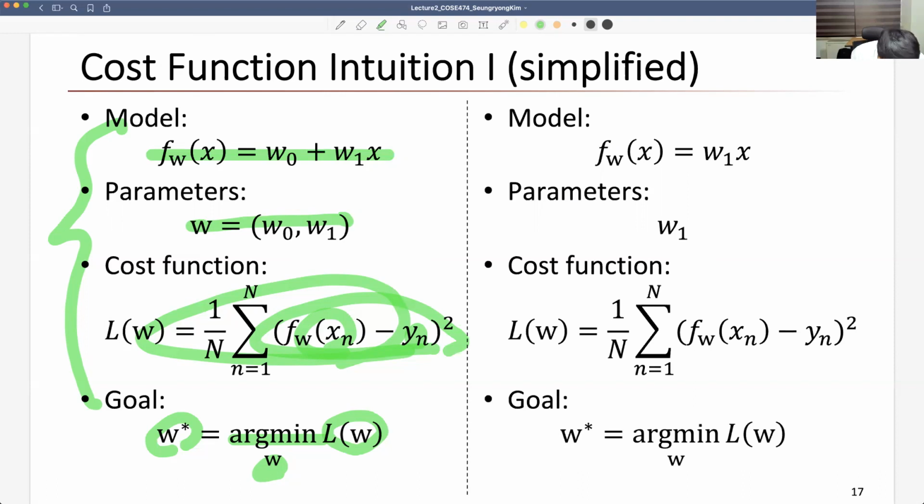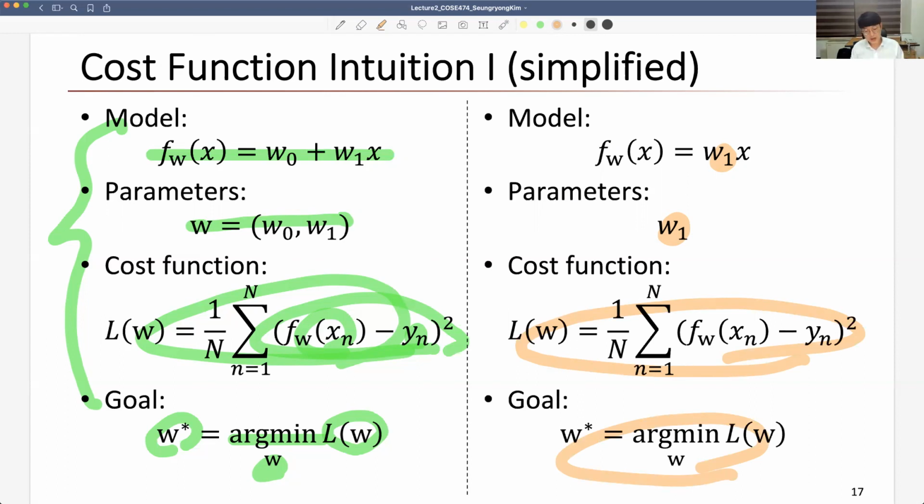First of all, let's think about when we only have W1. In this case, we just have to find W1, and we can define the cost function something like this, right? Then the goal is here. Okay, let's solve this one first.